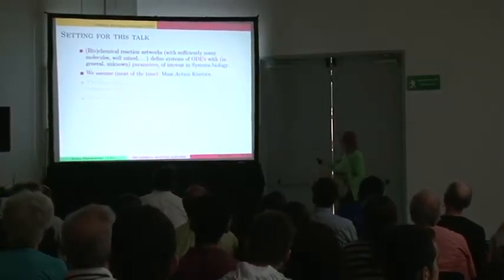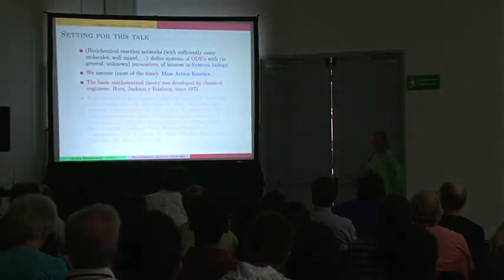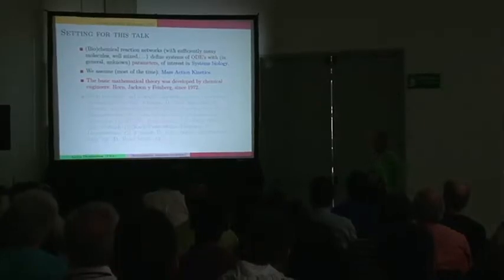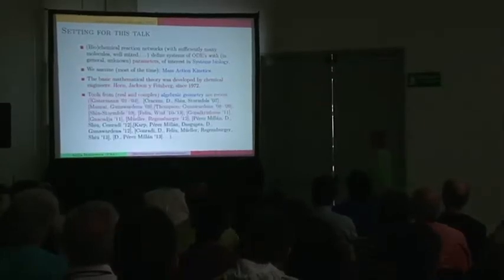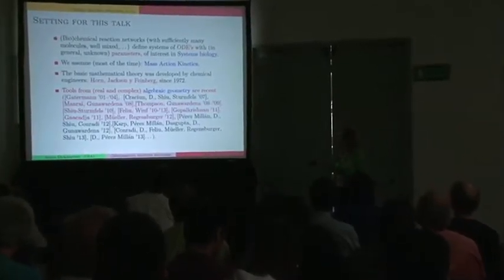So most of the time, I will assume mass action kinetics. And the structure theory was developed by chemical engineers. One, in fact, Feinberg, is in a math department too. But the tools from algebraic geometry are pretty new. I think this was started by Karin Gatermann, who passed away very young.